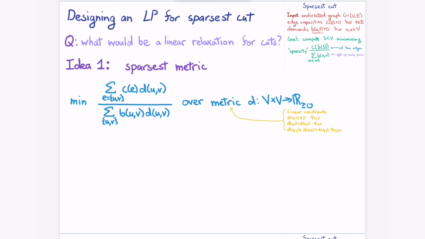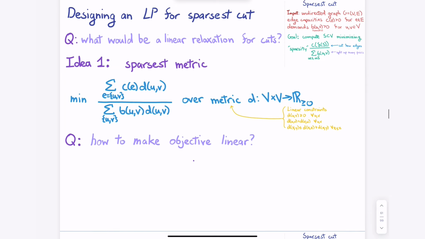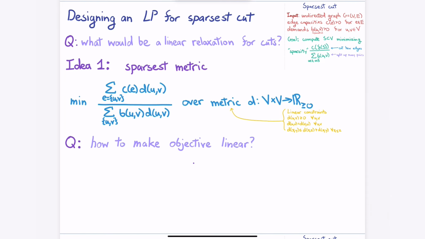And in the second idea, on the next slide, maybe this is easier to guess. This is not a linear program because it's not linear. How can I make this a linear program? How can I flatten out this fraction?